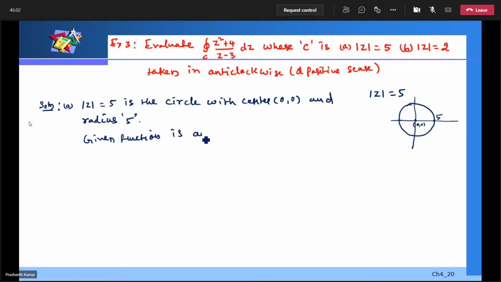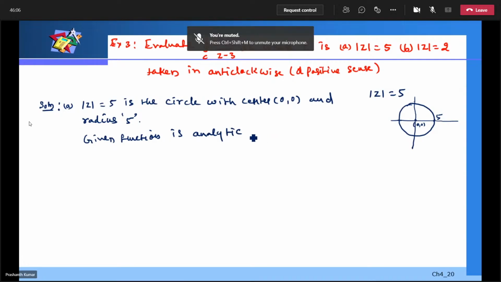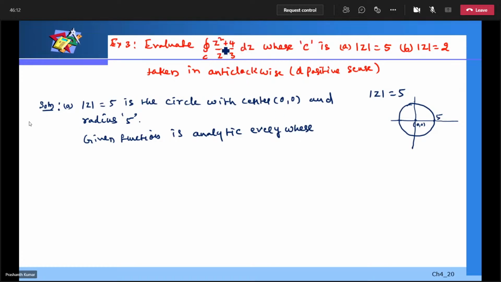So therefore, z square plus 4, the given function, is analytic everywhere. But you see that at z is equal to 3 you substitute, definitely 3 minus 3 is 0, you are getting a singular point here. So therefore at z is equal to 3 it is not analytic.